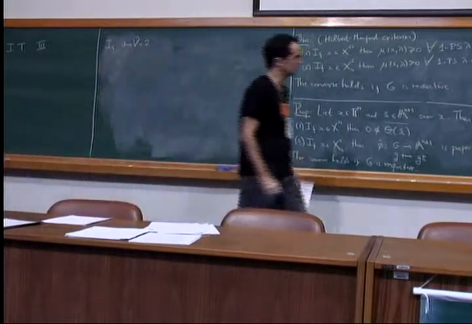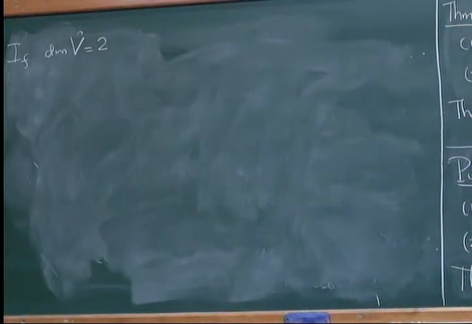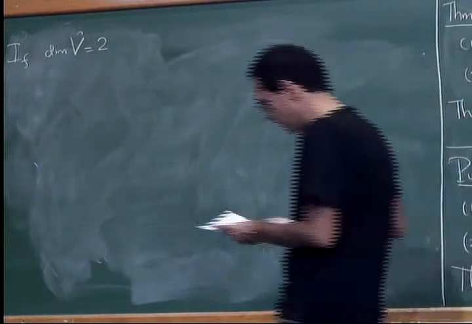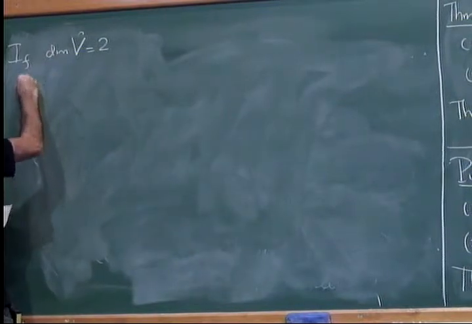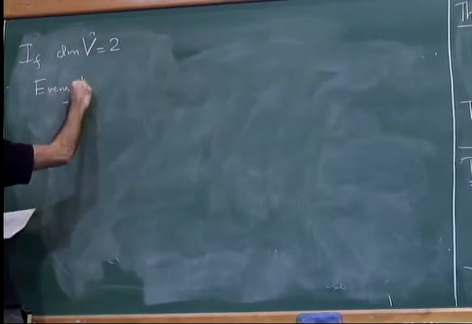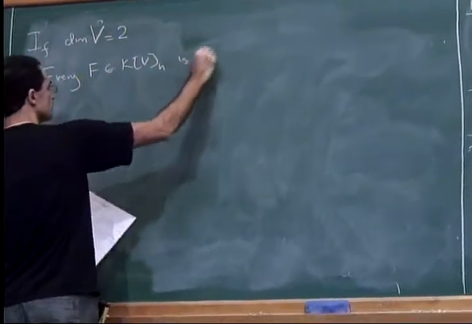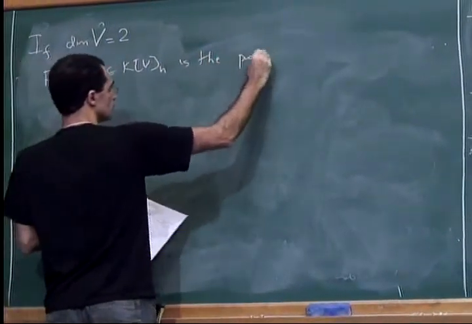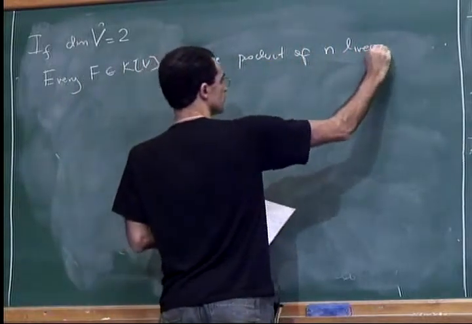Then I have homogeneous polynomials in 2 variables, and since we are over an algebraically closed field, f decomposes as a product of n linear factors.